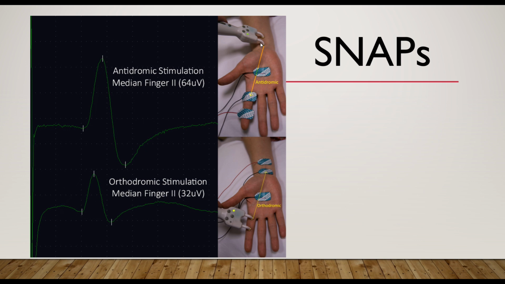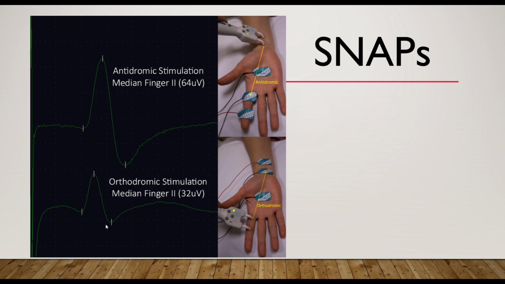However, because you're stimulating over here, you're not only stimulating the sensory fibers that will end up going to the finger, you're also stimulating some of the motor fibers too, and therefore one may have some muscle artifact contaminating the signal. Now, this is a relatively clean signal, but one can often have quite a bit of movement as a result, and that can make the response quite untidy, and that's one of the reasons that we don't really like doing that here in the UK.